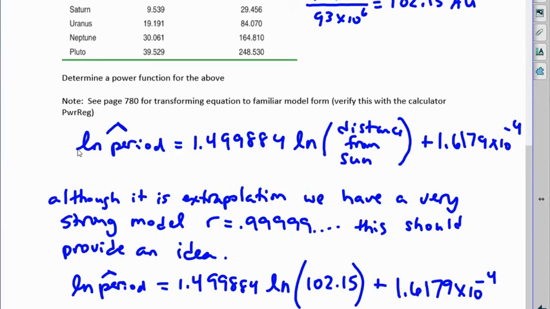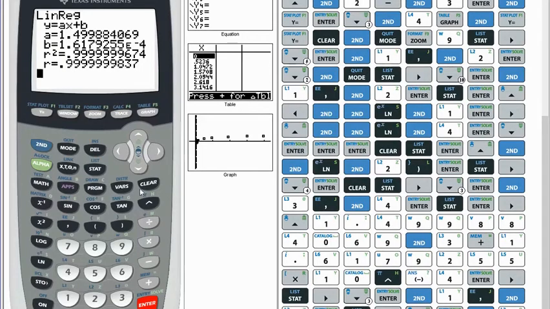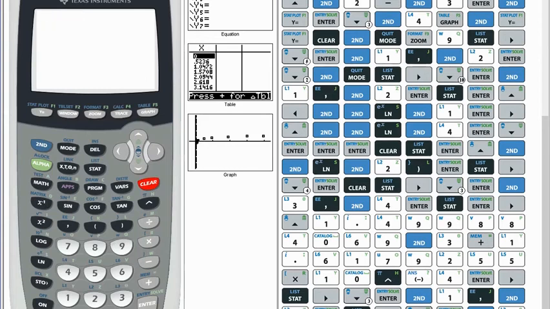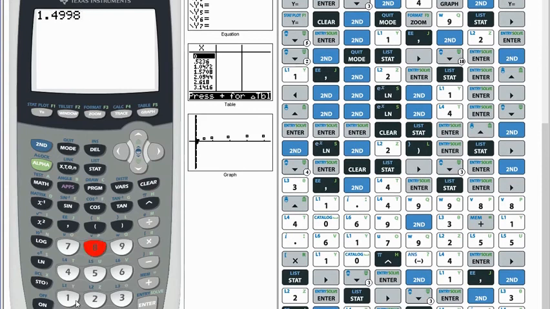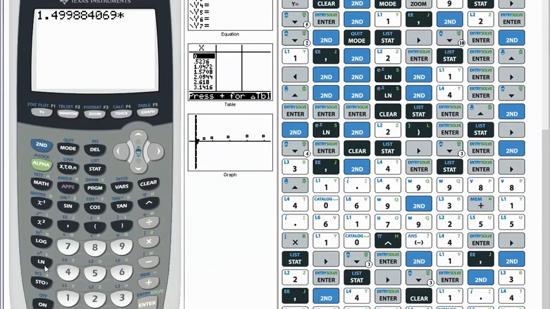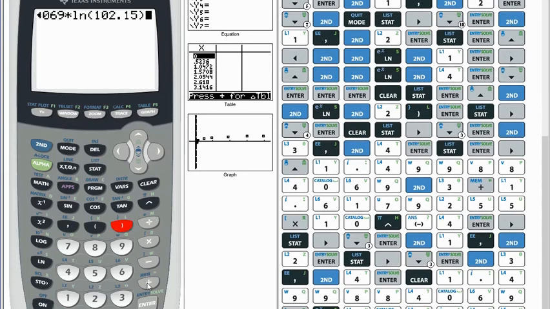So when I plug that into my calculator, I get a natural log for the period of 6.939.